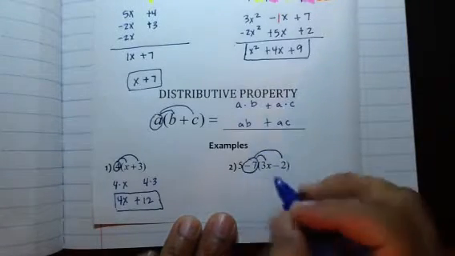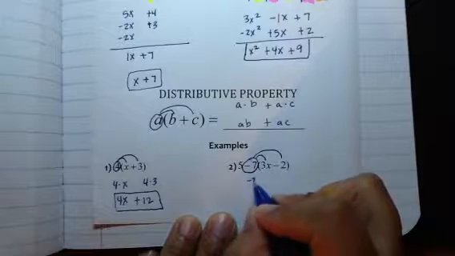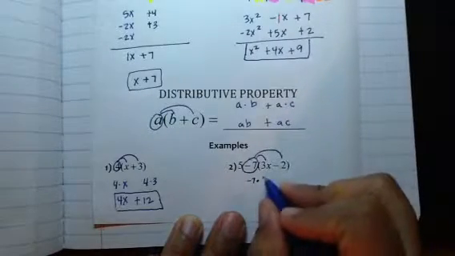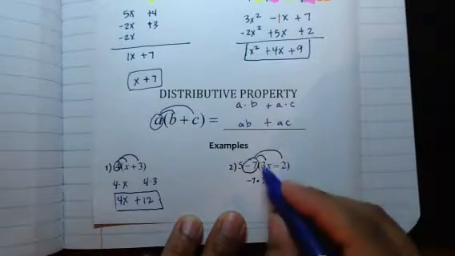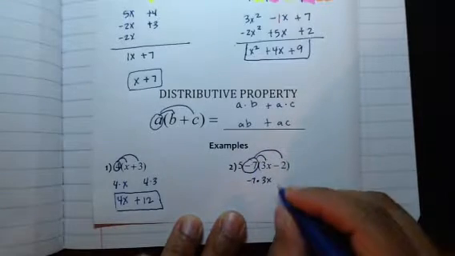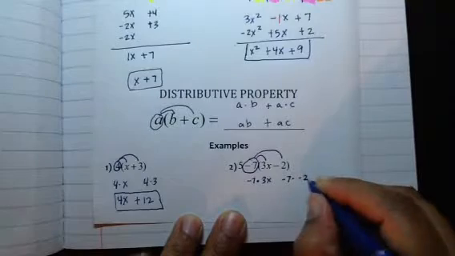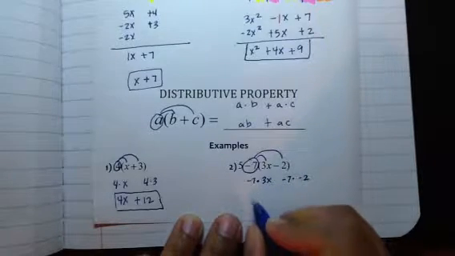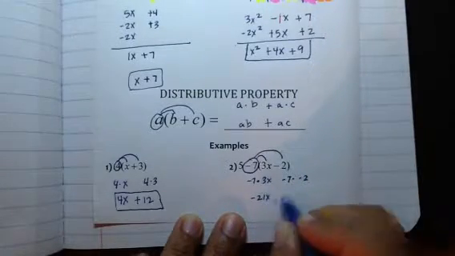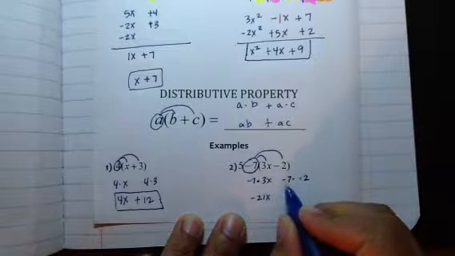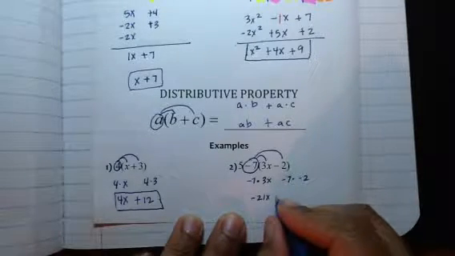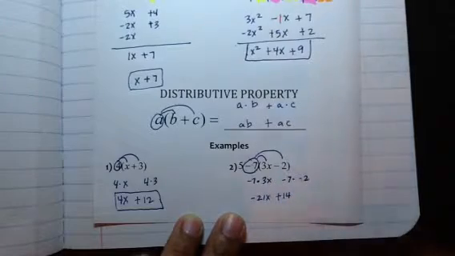So I'm going to multiply negative 7 times 3x, and then negative 7 times negative 2. When I multiply these two numbers, I get negative 21x. Negative 7 times negative 2 is a positive 14.